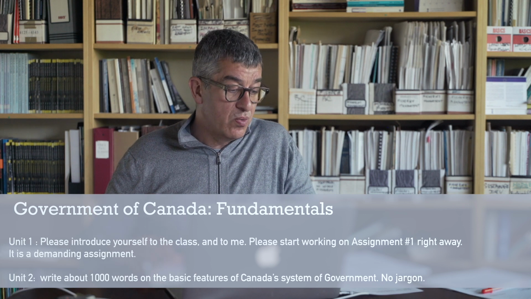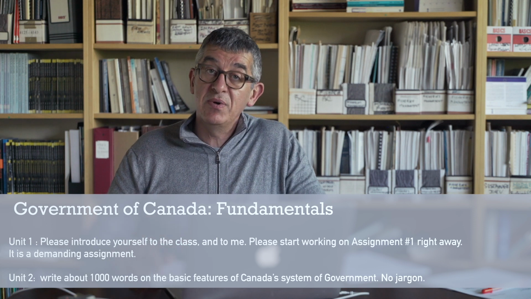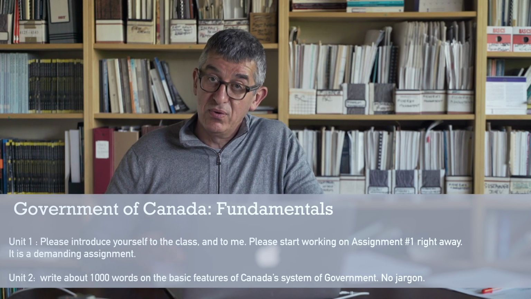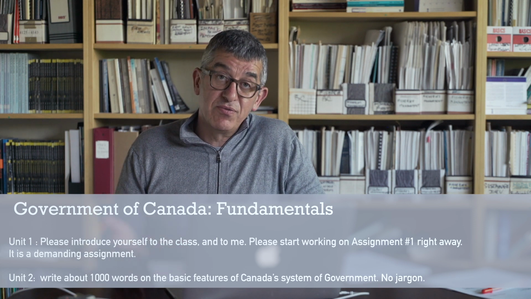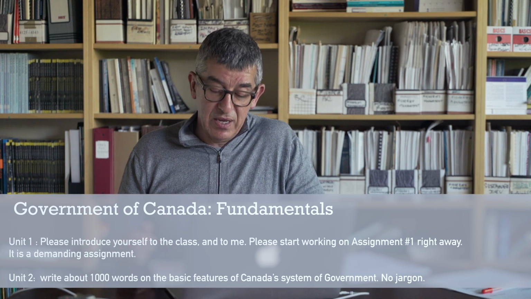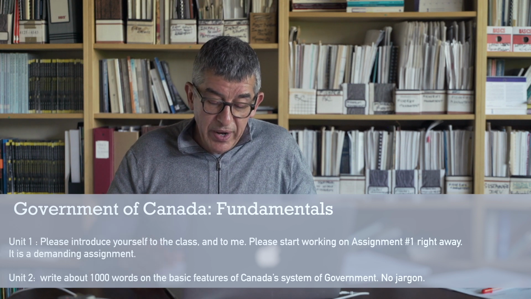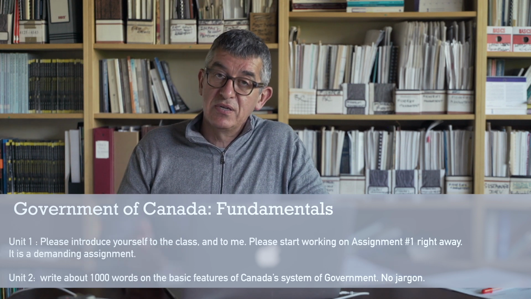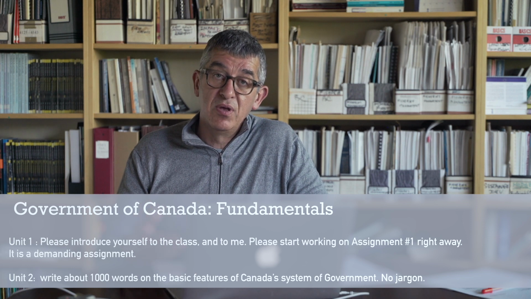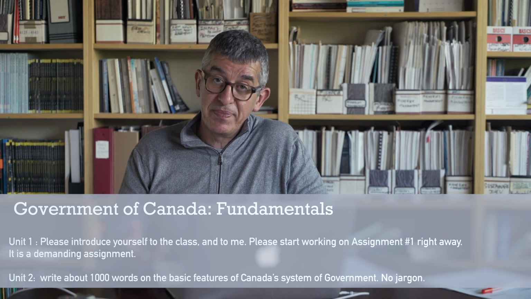In Unit 2, what we really do, and this is why the assignment is so taxing for you, because you have to write 1,000 words, summarizing the situation in Canada today. You're looking at trying to summarize these fundamental mechanisms, institutions, and processes that characterize the Canadian system.